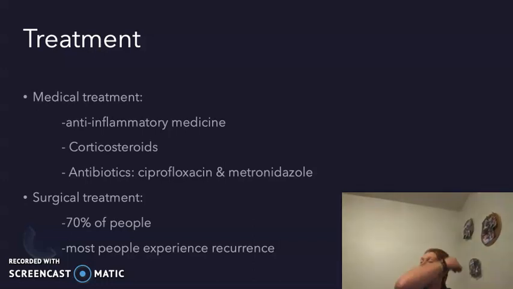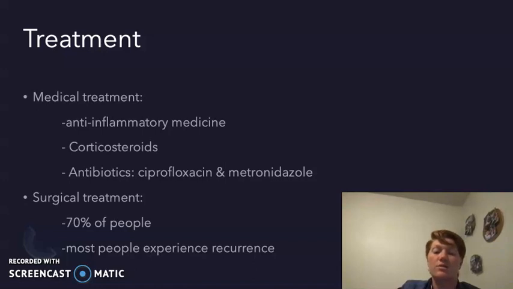So the treatment for Crohn's could be medical or surgical. There's no cure for Crohn's. So medically, there could be anti-inflammatory medicine to try to reduce the inflammation. Corticosteroids could help flare-ups, but only for a short amount of time.